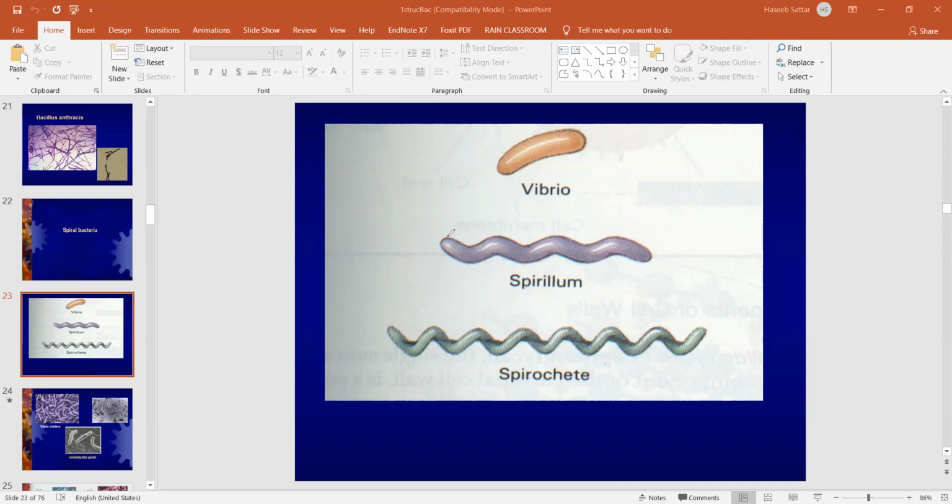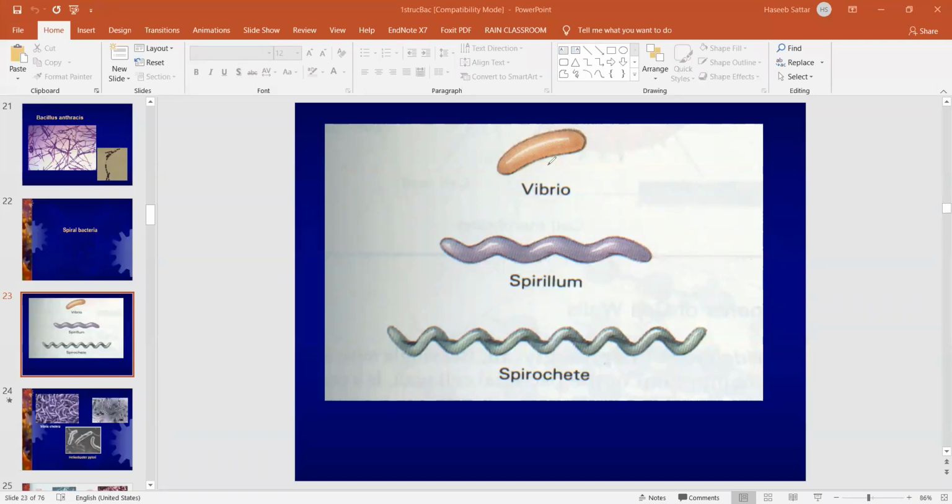Spirillum bacteria is a spiral shape, while the spirochete is also a spiral shape, but they are more cylindrical as compared to spirillum bacteria. Spirochetes are longer, elongated, as well as cylindrical. So that's the difference between spirillum and spirochete bacteria.